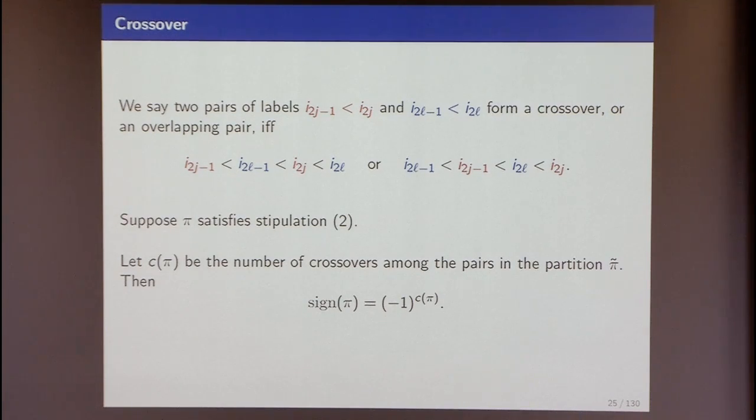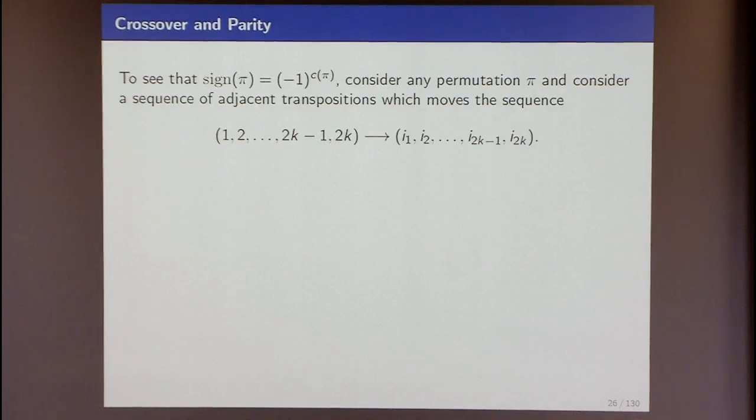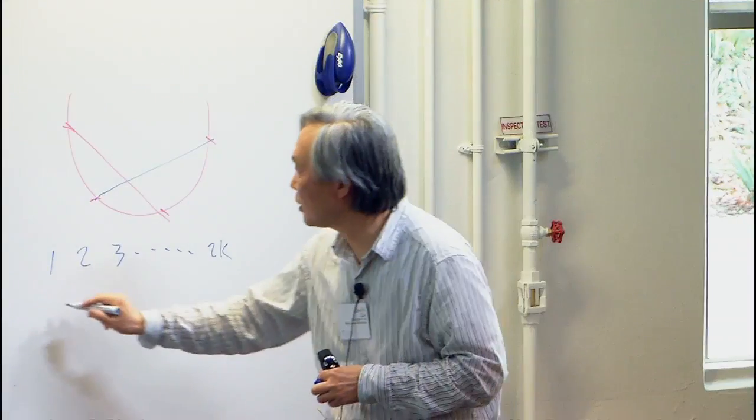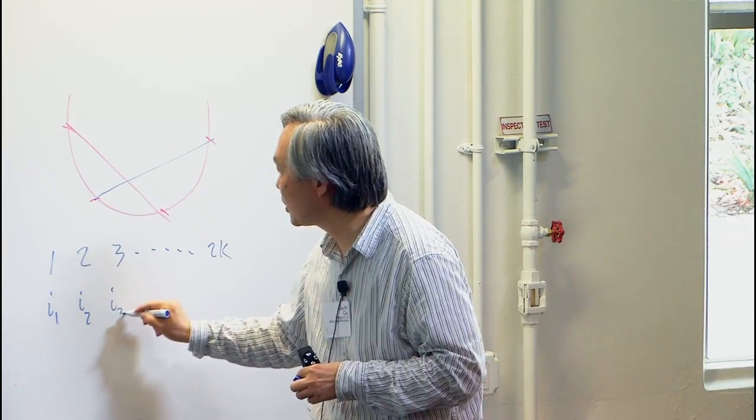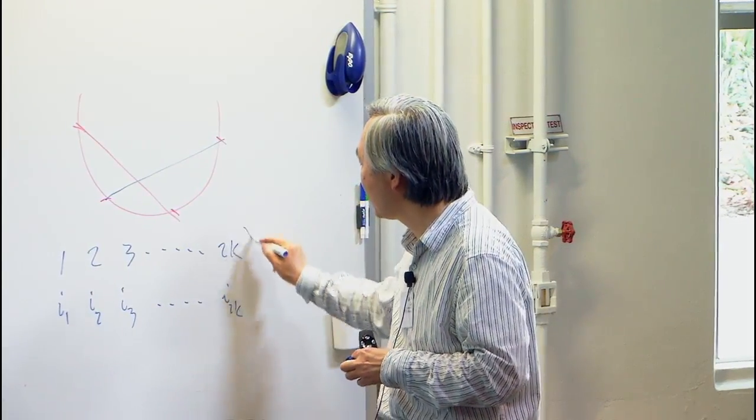So I'm writing down the permutation with the stipulation. And then I claim that, in fact, the sign can be computed combinatorially by counting how many crossovers there are and whether that count is even or odd. The way to see that is you put your lower list of numbers in this permutation as 1, 2, 3, up to 2k, and then you have i1, i2, i3, up to i2k.